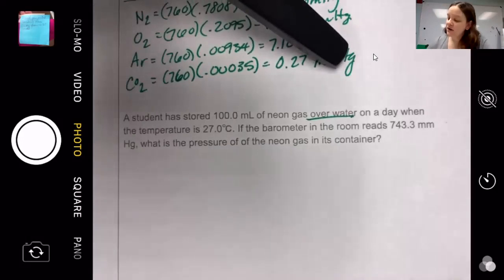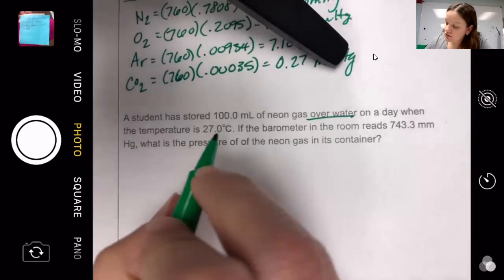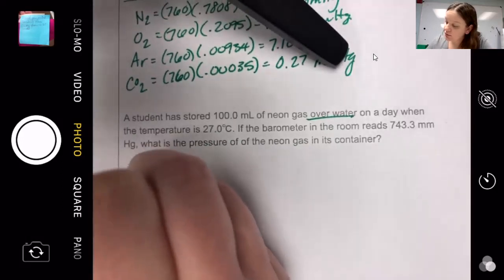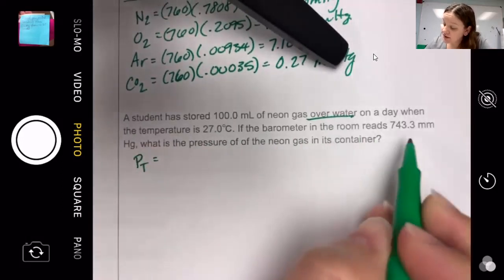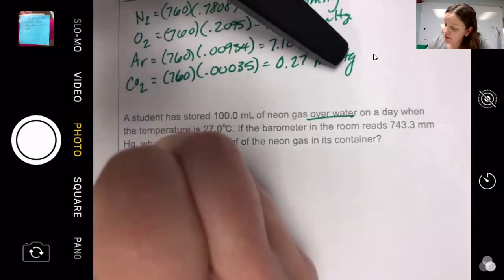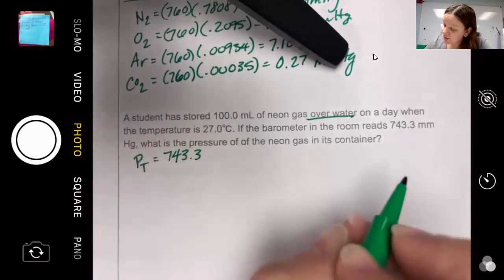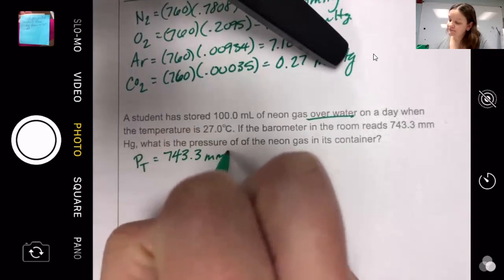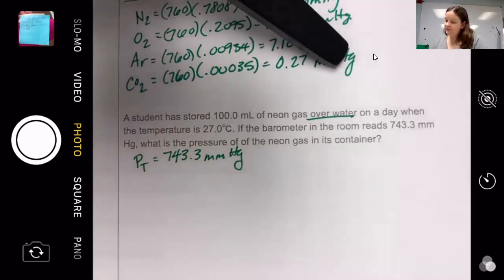Okay. So my total atmosphere, so the barometer in this room is not reading 760, it's 743.3 millimeters of mercury. Okay. So I need to go and look. I did not take a picture. So let's see, the temperature is 27.